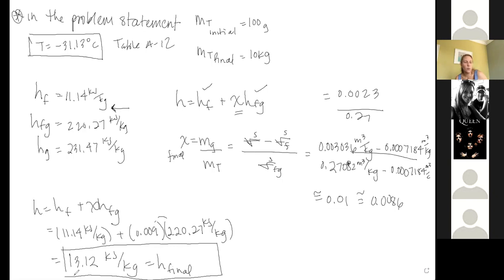I wouldn't ask one like this on an exam, but I think it shows you how to use the tables, how to use specific volume, how to use quality, how to use all these important factors. All right, so I think it's a pretty good problem. Are there any questions?